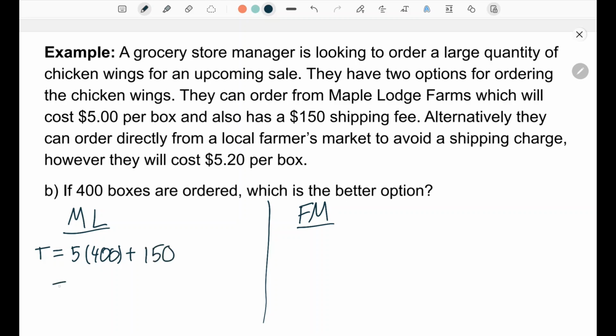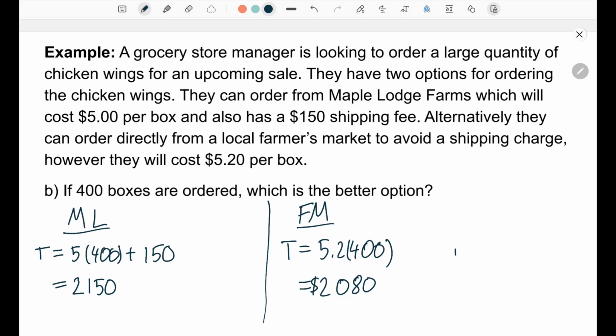In this case, you'll get 2,150. What about for the farmer's market? The total is going to be 5.2 times 400, and if you do that calculation, you should get 2,080.